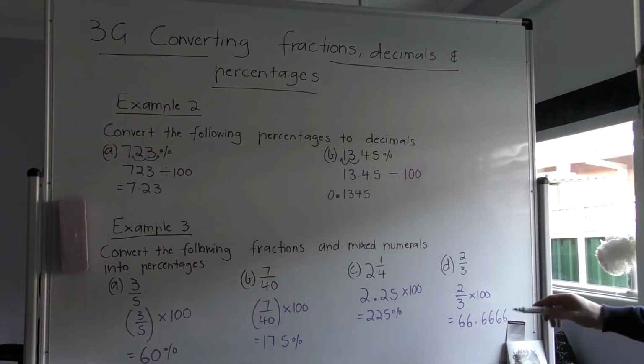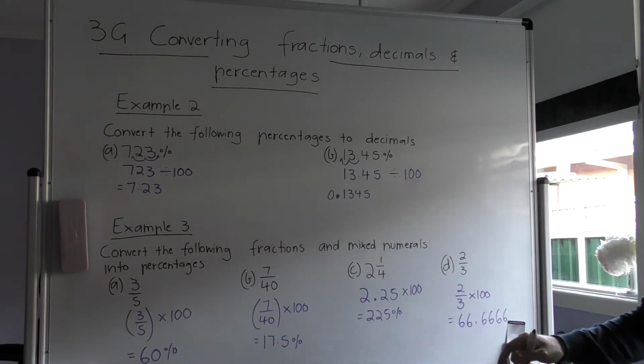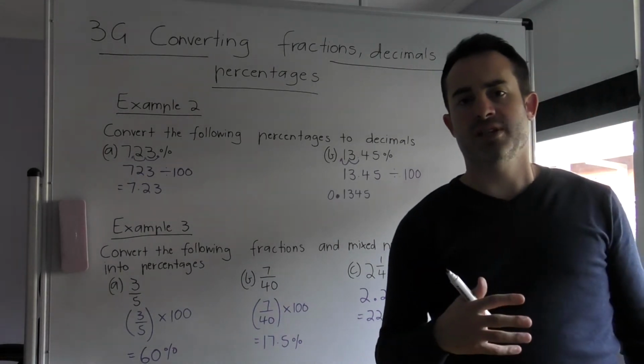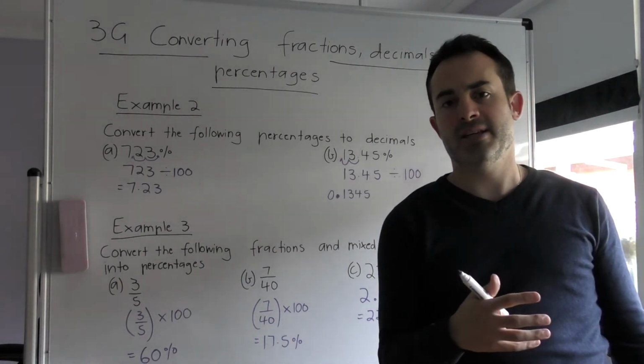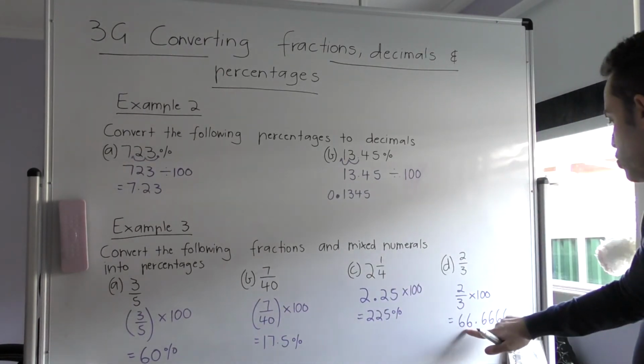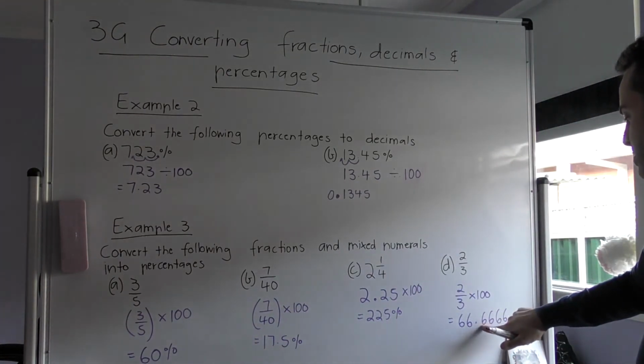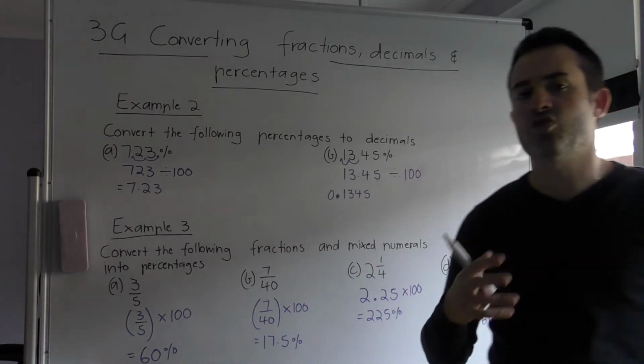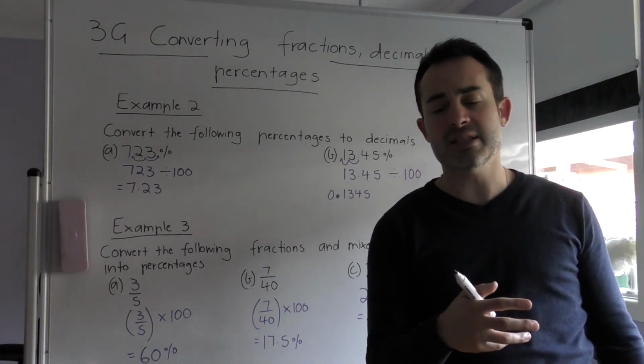Now, you can round it off to 67%, but it's not very accurate, okay, because you've overestimated. Yes, you do need to round up to the nearest, so if that's 0.6, we need to round that up to 7. That is correct if we're going to answer to the nearest percent.